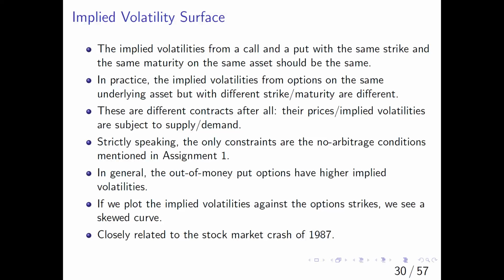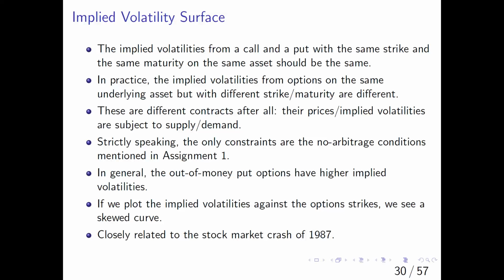Okay? Strictly speaking, the only constraints are the no-arbitrage conditions we mentioned in assignment 1. Whether option prices have arbitrage opportunities or not, the constraints we proved in the first assignment are the necessary conditions.